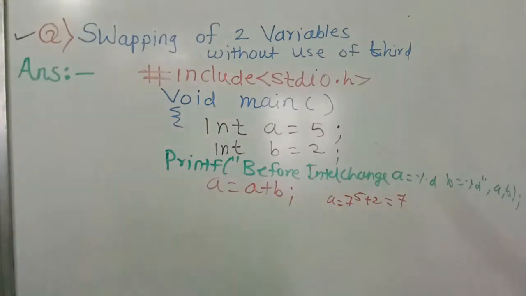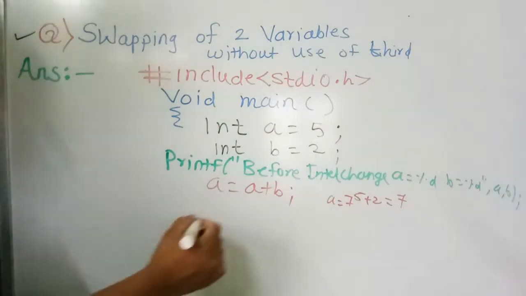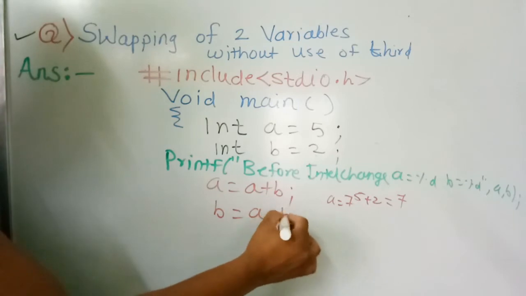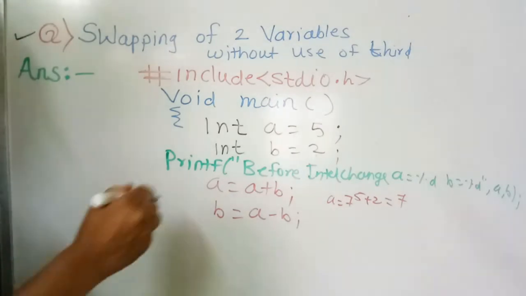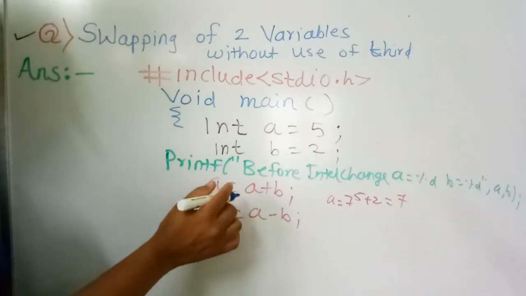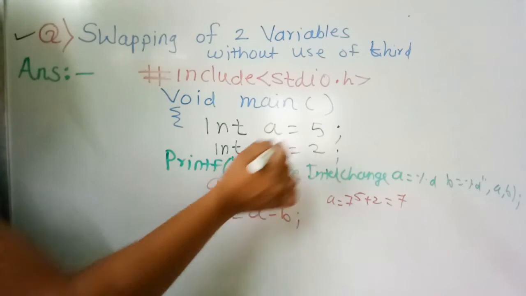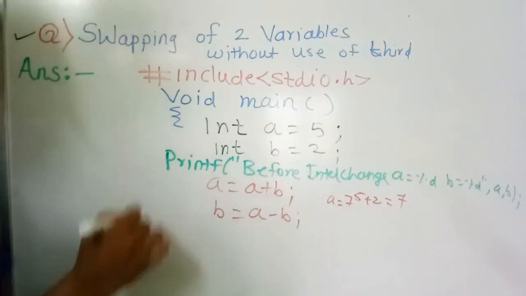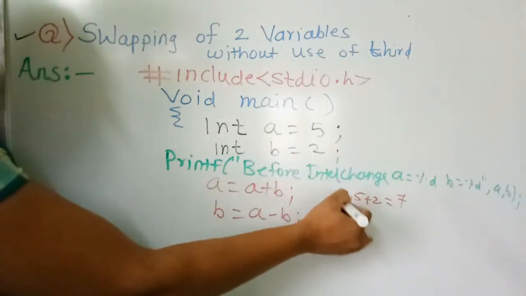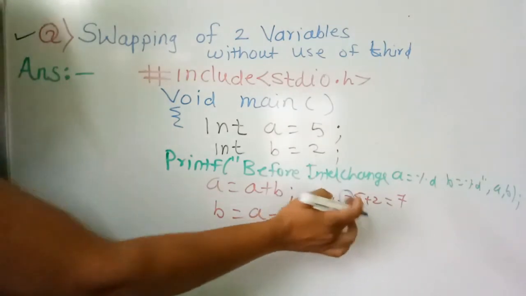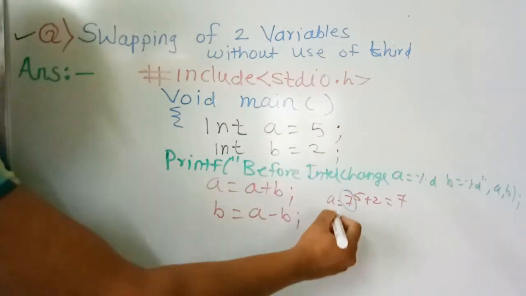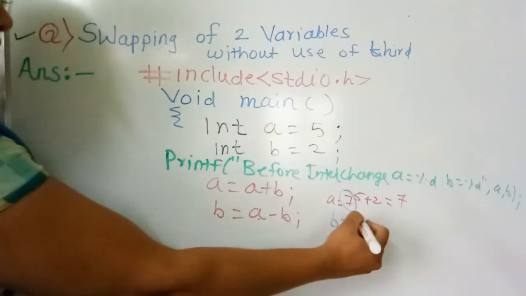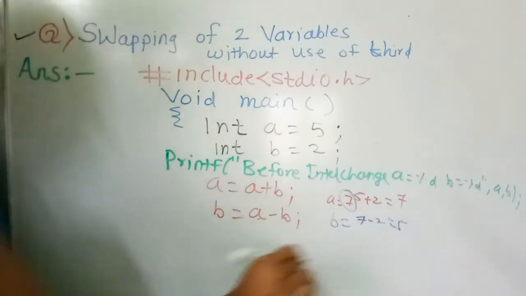Now we will perform B equals to A minus B. Before this step, A was 5, but after accomplishing this task, A becomes 7. Now we take this 7 and B was originally 2. Now B equals to A minus B, that is 7 minus 2, that is 5.